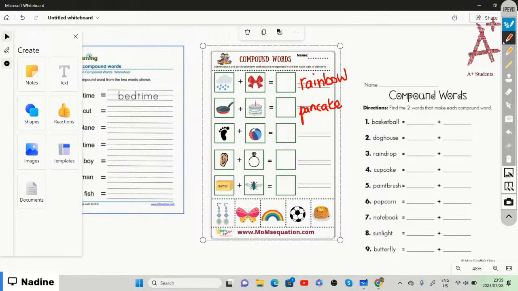And a foot plus a ball is football, right? Then we have an ear. We literally see an actual ear plus a ring, which is a diamond ring. So an ear plus ring, we can then say it is an earring.